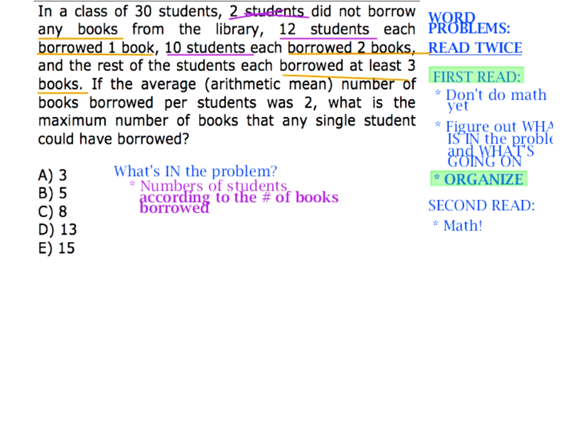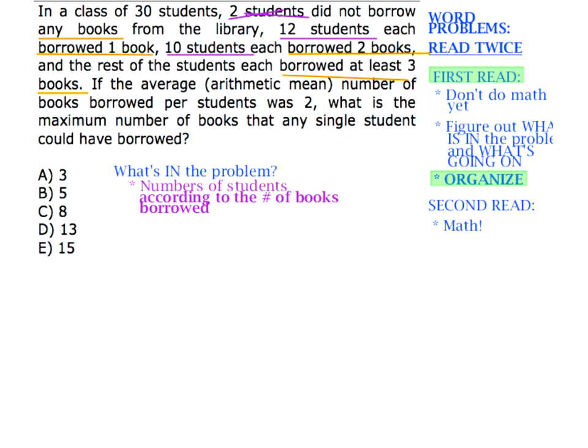And this is the first read. In the first read, you're not even bothering to try to understand exactly what the math relationships are. There's no point yet. That's for later. Right now, the first time is just kind of disjointedly looking through the words and seeing what's in there. So do that. It definitely helps.